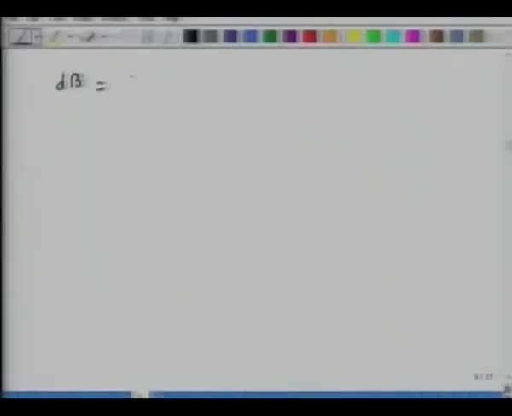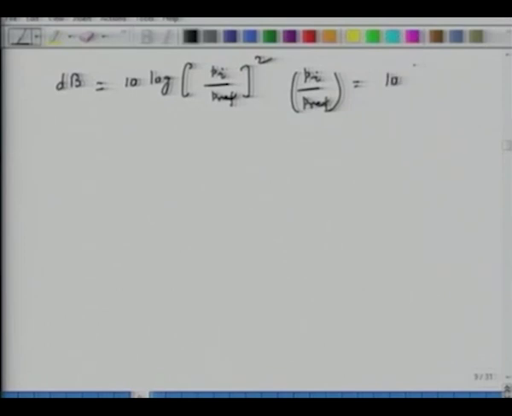So we know that dB equals 10 log of P_i over P_ref. So P_i over P_ref equals 10 to the power of dB SPL over 10.